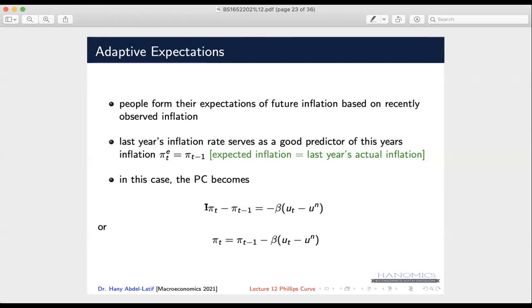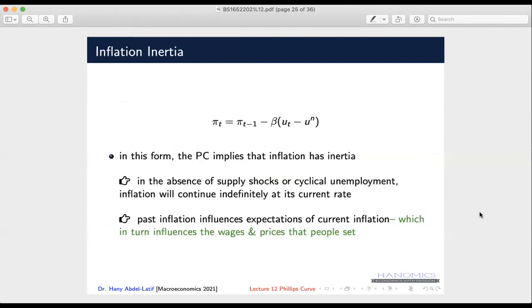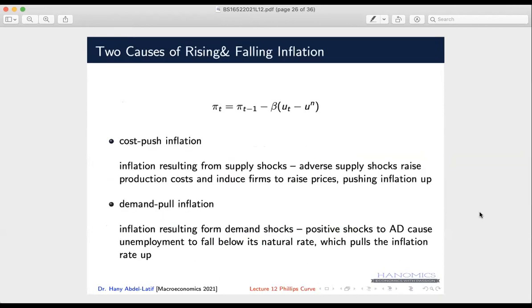This is the same equation, but the only difference is that you replace this expectation about inflation by inflation in time t-1. So this is one mechanism of how agents may form expectations about inflation.